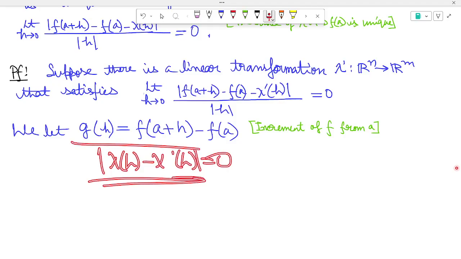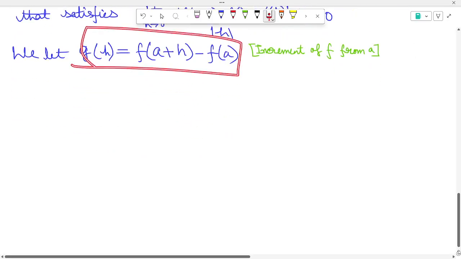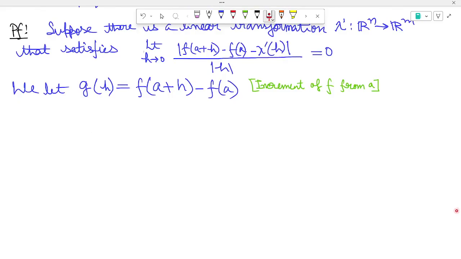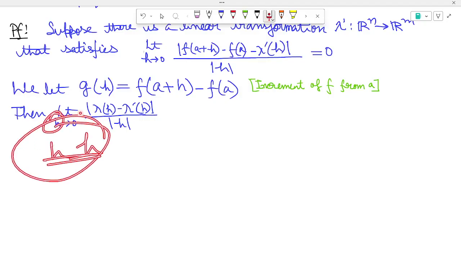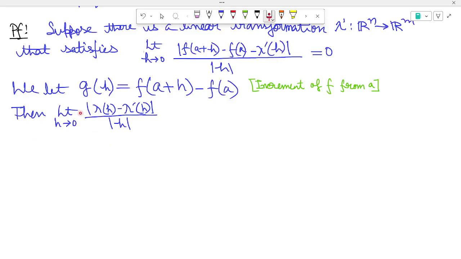For this I need this function. Then what is the limit as h tends to 0 of lambda h minus lambda dash h, divided by the norm of h? I am writing h and h as the same; it is my mistake, but I am habituated to write this way, so don't think they are different.